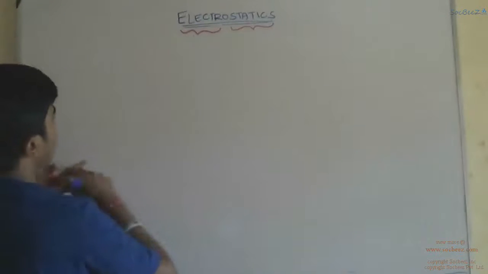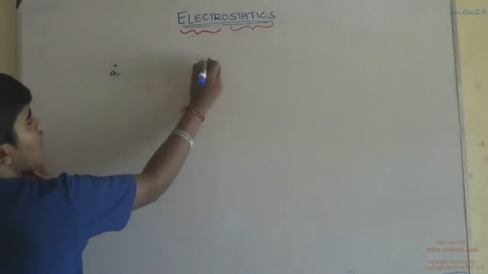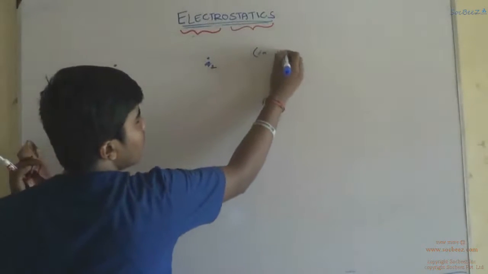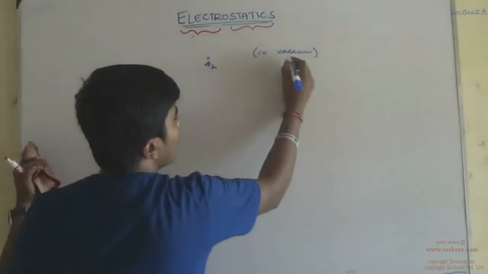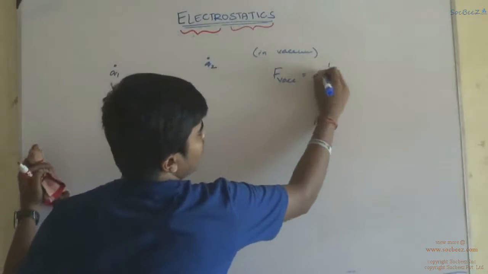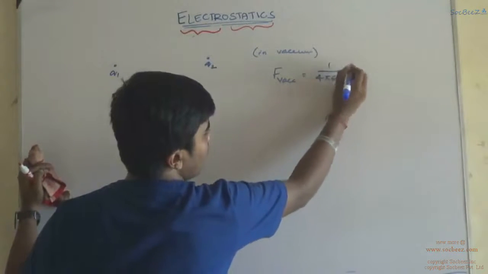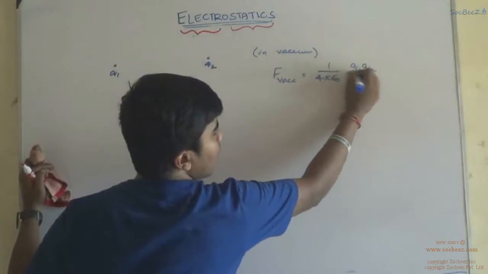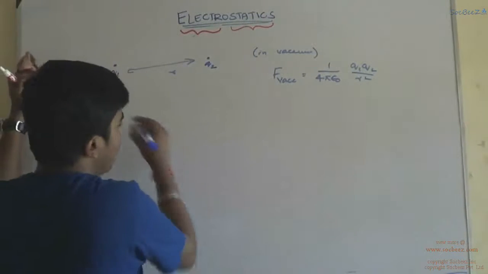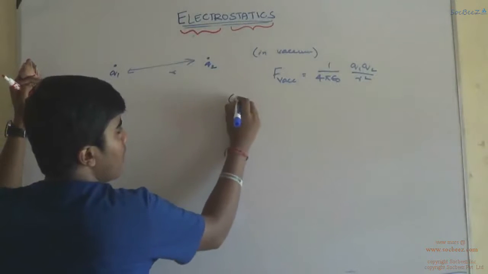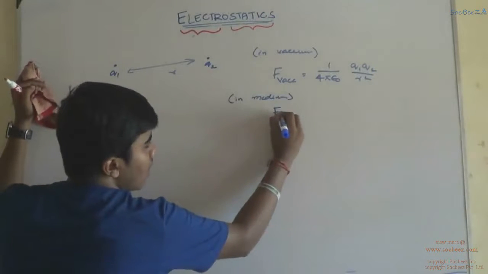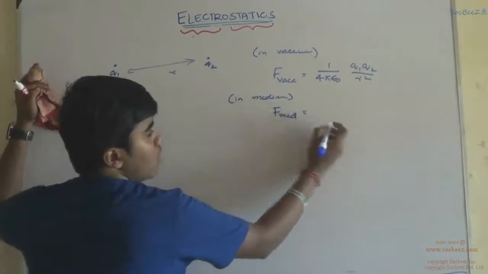So consider two charges in vacuum. The force in vacuum is equal to 1 by 4 pi epsilon naught Q1 Q2 by R square. And consider the same two charges in any medium. Say the force acting there is equal to the corresponding expression.